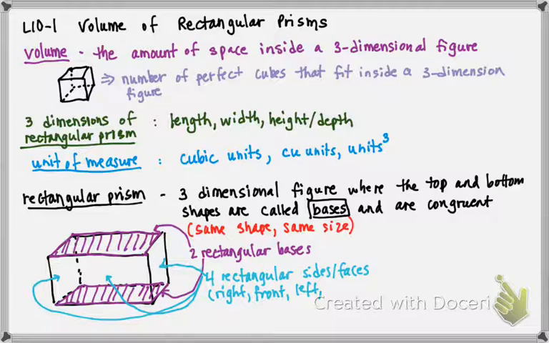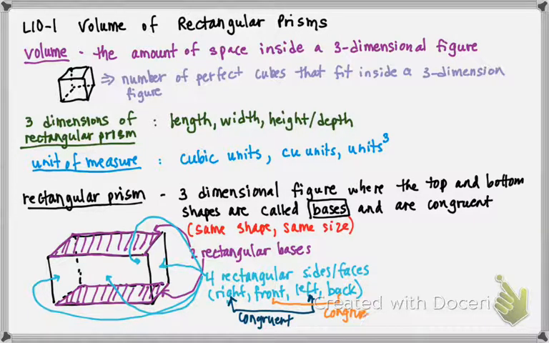And then I'm going to go this direction to try to get right here. And that's going to be the back. So I'm going to kind of do a little bit of connectors here. The right and the left are going to be congruent. And the front and the back are going to be congruent.